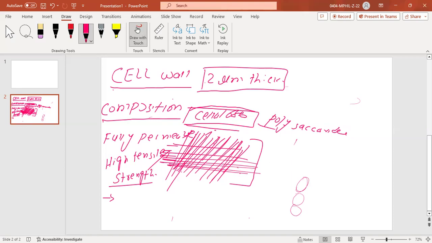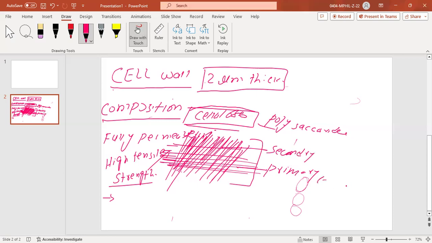So the first one was these horizontal lines. These were the primary cell wall, and when you cross the fibers over it like this, these fibers form the secondary cell wall.